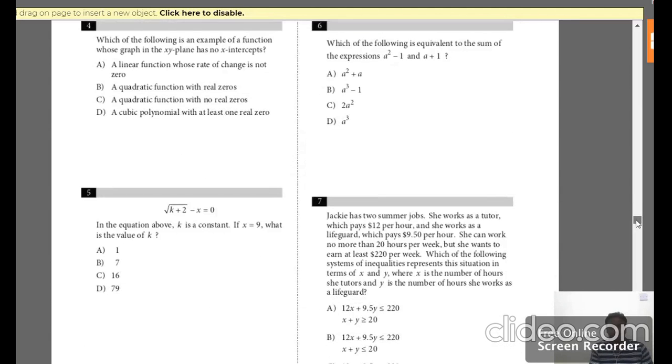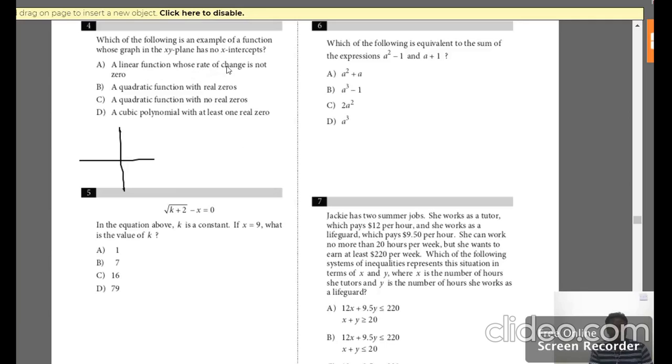Moving on to the next set of questions. Question number 4: which of the following is an example of a function whose graph in the xy plane has no x-intercept? There are situations wherein you have to draw the graph and check.